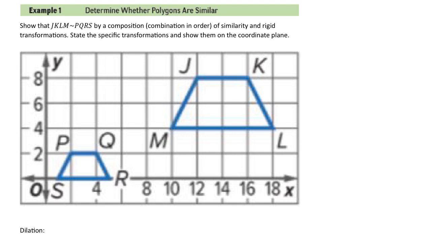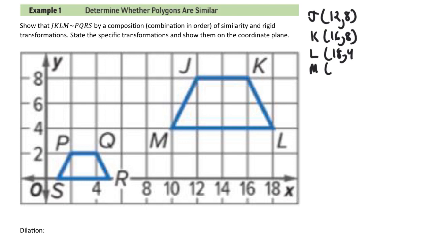All right, let's make sure we know what's going on here. Let's get some locations. Let's do this very carefully. J is at the location 12, 8. K is at the location 16, 8. And L is at the location 18, 4.